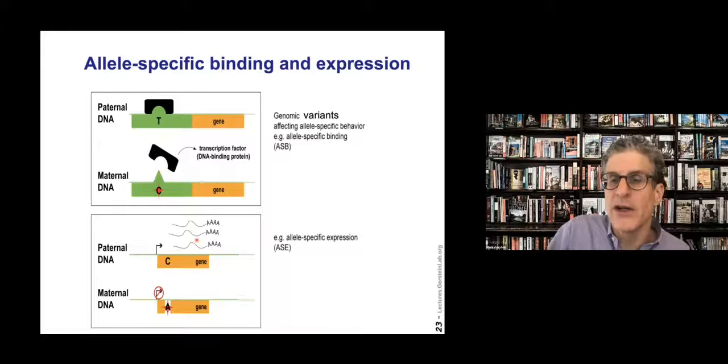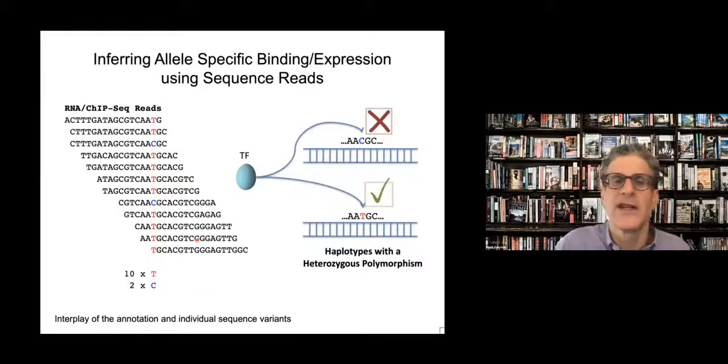Now, you might ask, how can you determine this? It turns out it's really easy to do with next-gen sequencing, because in a ChIP experiment you get reads, and each read relates to the binding of that transcription factor. These reads actually contain the sequence from the different diploid copies of the genome.